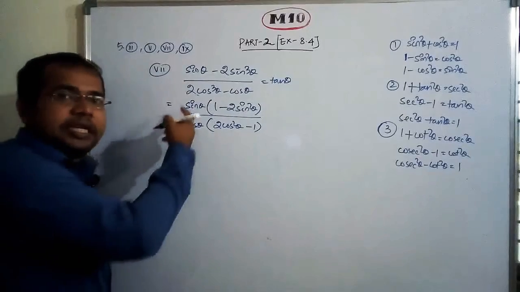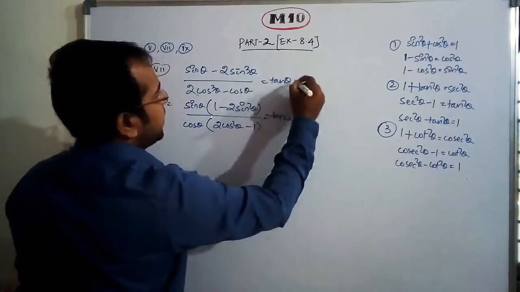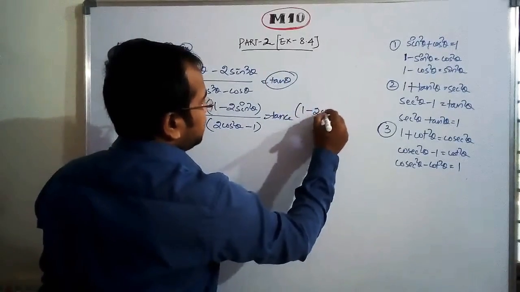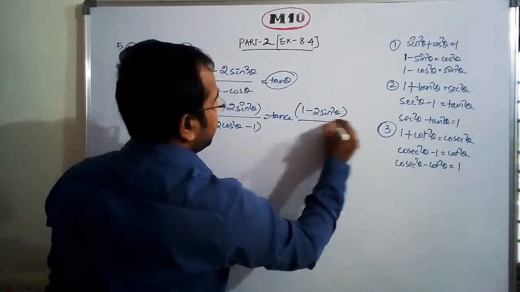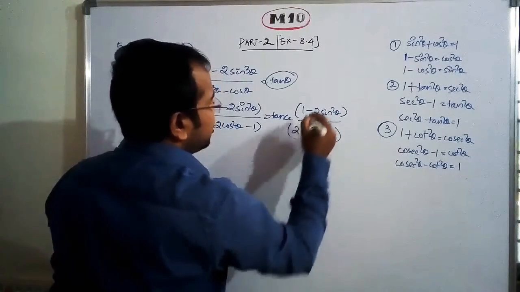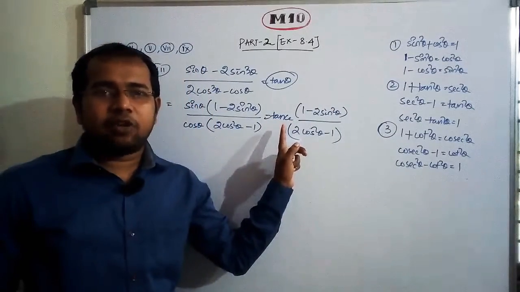Now see, students, sin theta divided by cos theta is nothing but your tan theta, which is there in the RHS. So you are left with 1 minus 2 sin square theta divided by 2 cos square theta minus 1. So we need to cancel it out so that this tan theta will be remaining.